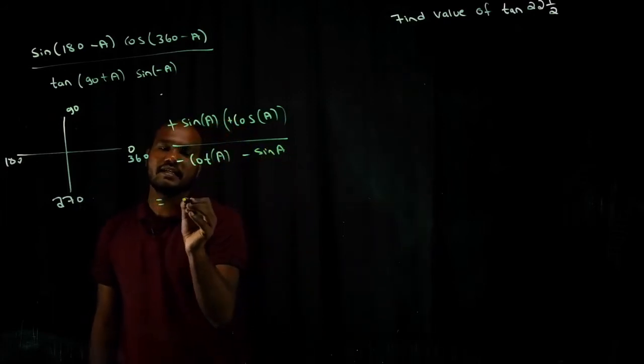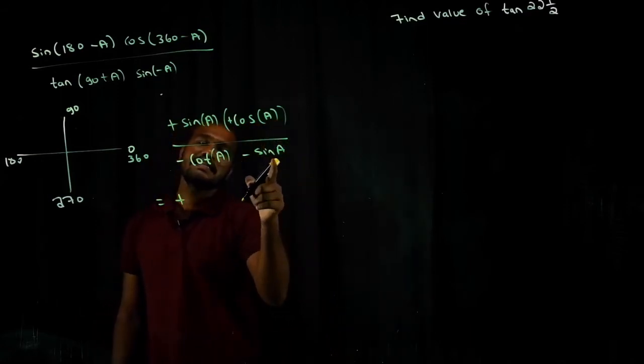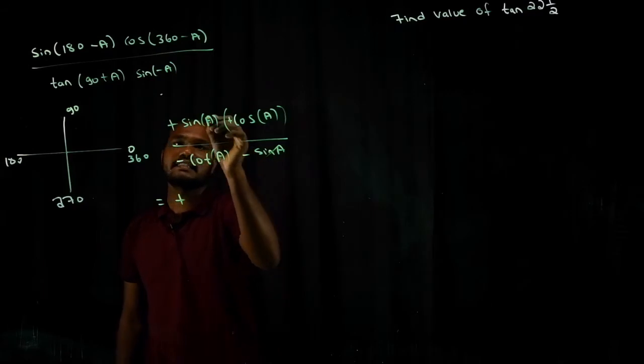Minus into minus is positive, numerator also positive. Sine A cos A upon sine A cot A. This sine and this sine get cancelled.